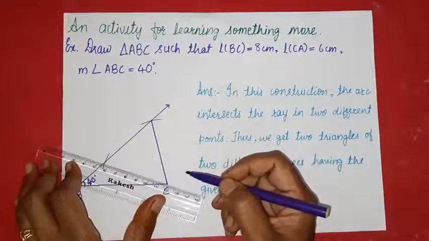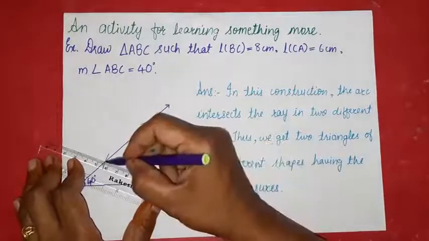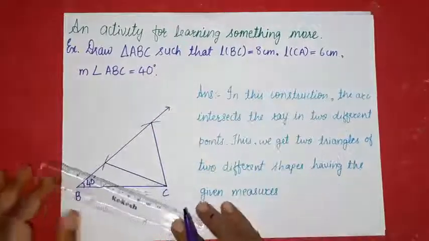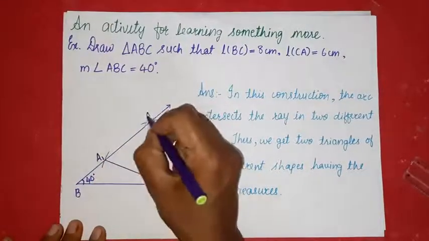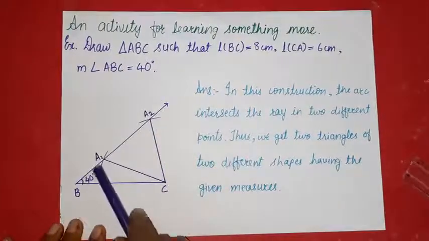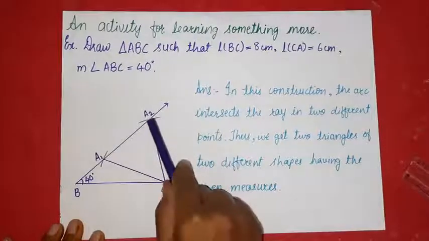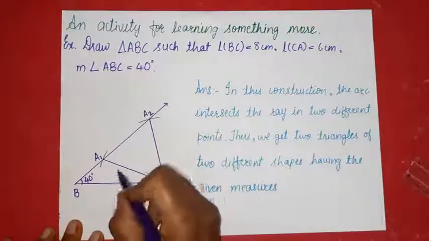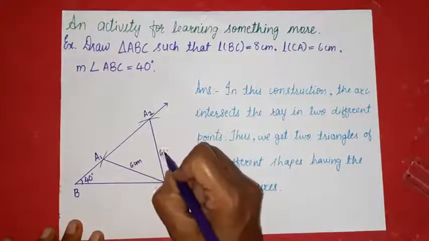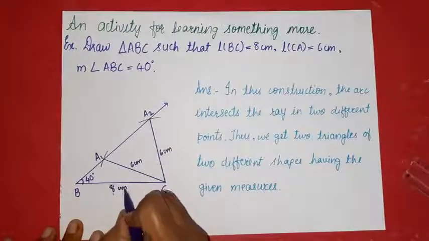So if you join both the intersecting points with the vertex C, I am naming them A1 and A2. You will see that A1BC and A2BC are both triangles with the given measurements. This is 6 centimeter, this is also 6 centimeter, this is 8 centimeter.